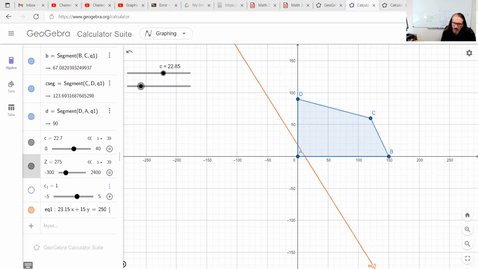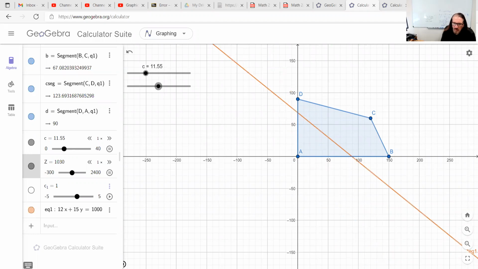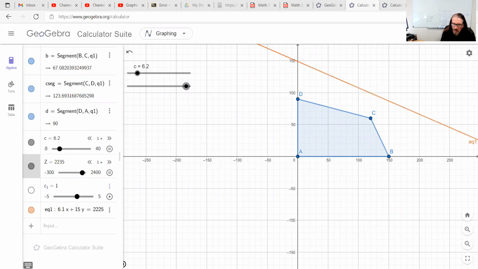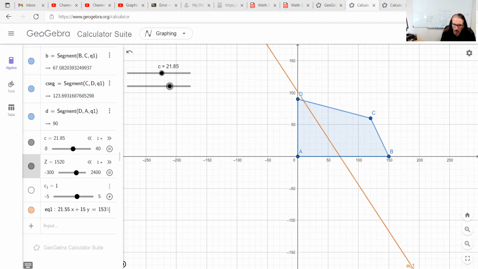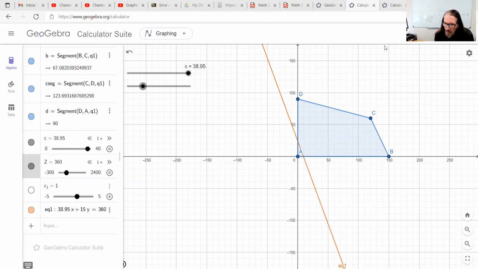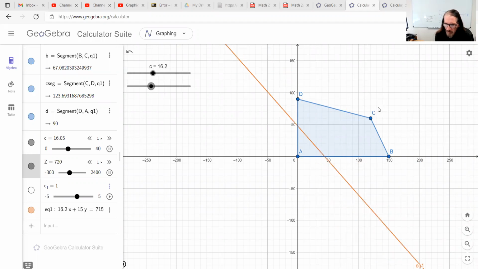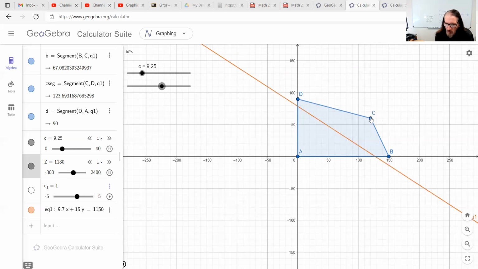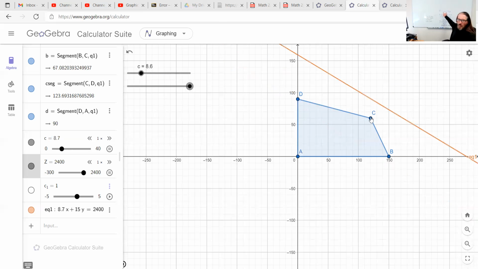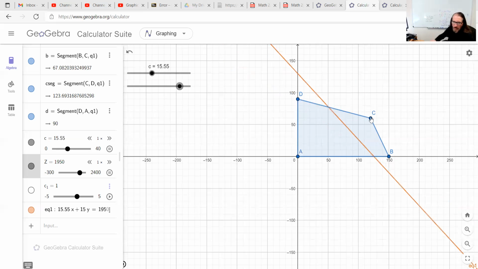What range of values could it be within and still have the same point on the feasible region, the feasible set, be the one that's producing the maximum? In that previous example, this point C, which had the coordinates 120, 60, was producing the maximum when P was equal to 10x plus 15y.